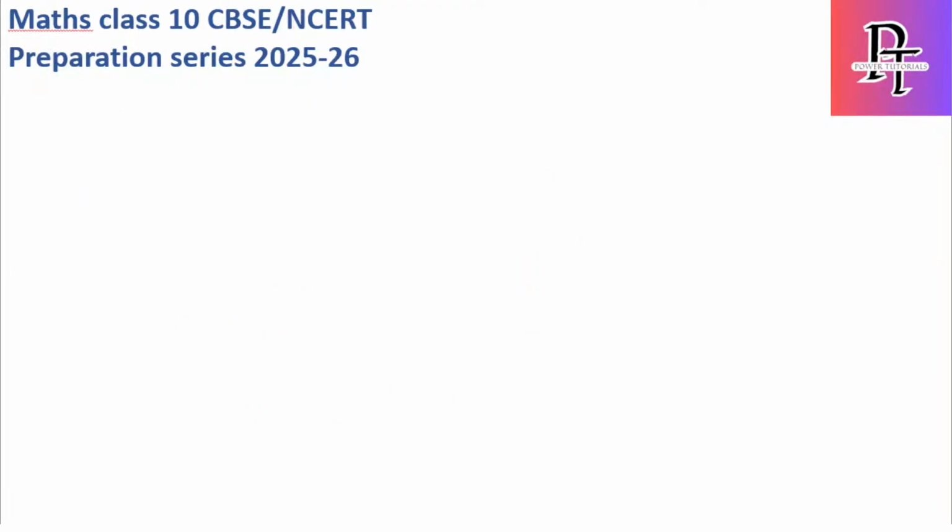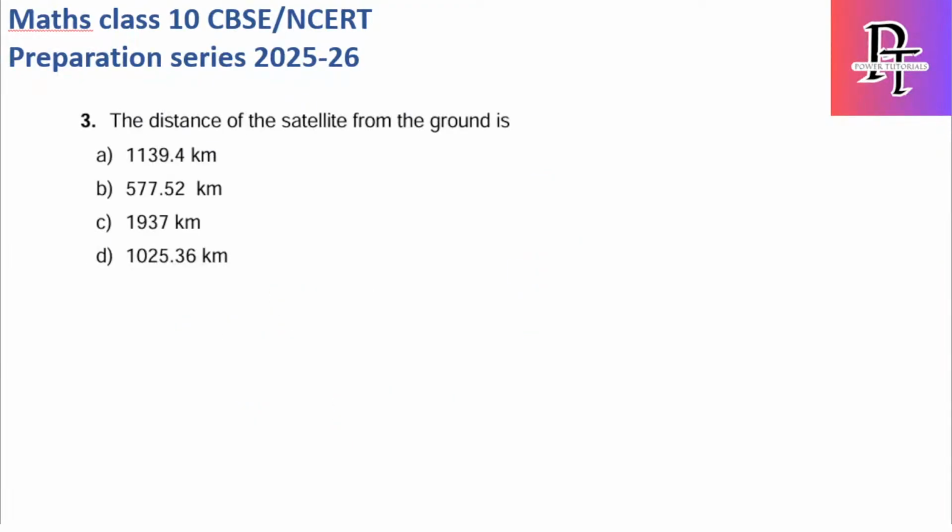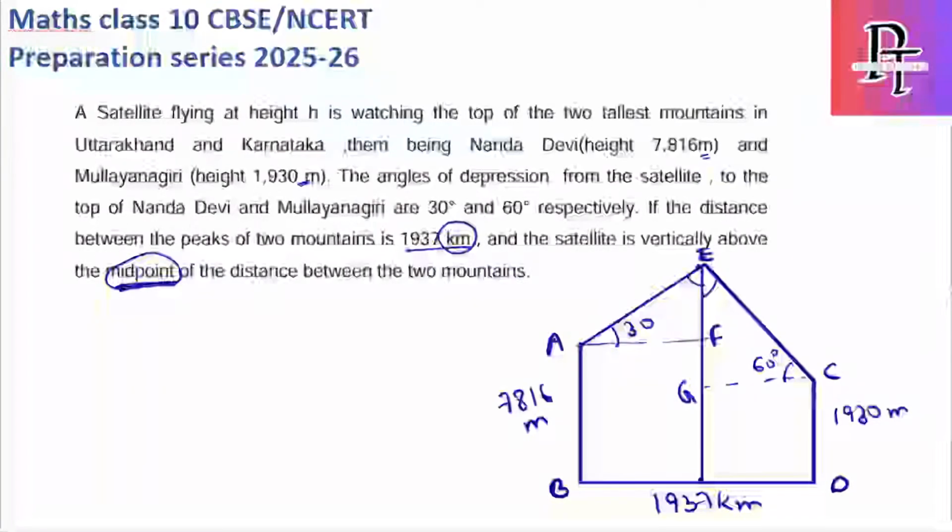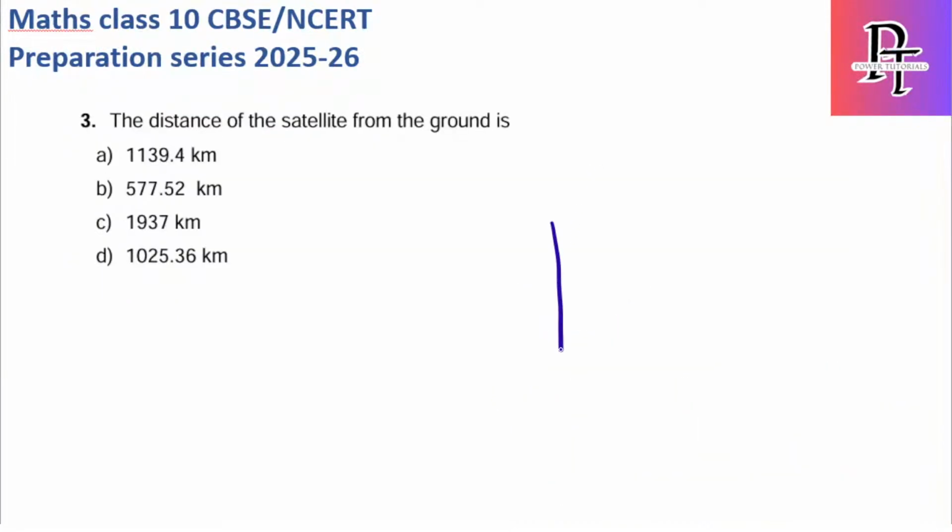Okay, let's see the next question. The distance of the satellite from ground. This question is interesting because now they're asking, calling this point E, G, H, they're asking the EH value, this height from the ground. For this I will take the AB EH diagram. I have Nanda Devi mountain. We have distance from satellite to ground.